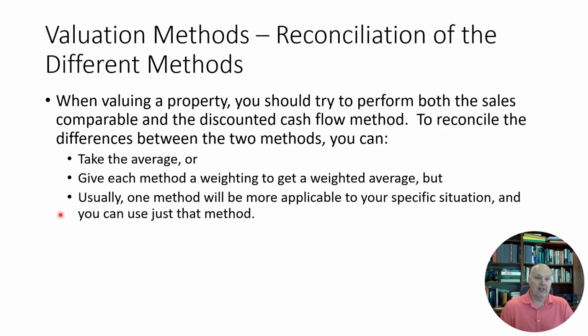Usually one method is going to be more applicable to your specific situation, and you can just use that method. Like I said earlier, a lot of times when I was valuing a building that was already constructed, I didn't even use the cost methodology. I would rely on the sales comparable method and the DCF method. But you need to reconcile and come up with one value.